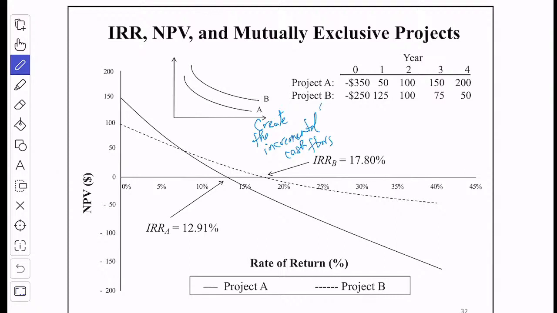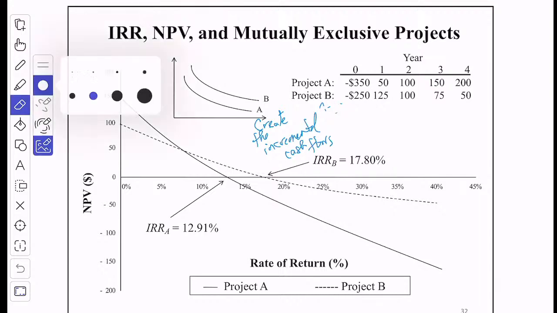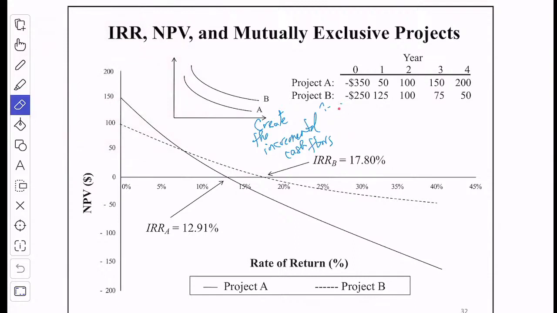So I'm going to take A minus B. This is called the incremental project, and what it means is pick A rather than B, the way I've done it. Now usually you want to subtract them in a way that makes the first one a negative. You don't have to, but that is an easier way to interpret things. I don't know why this is so small.